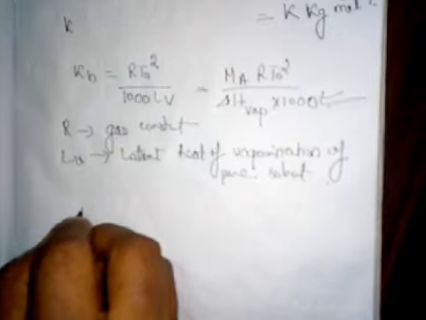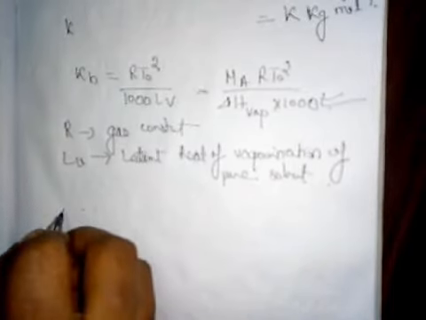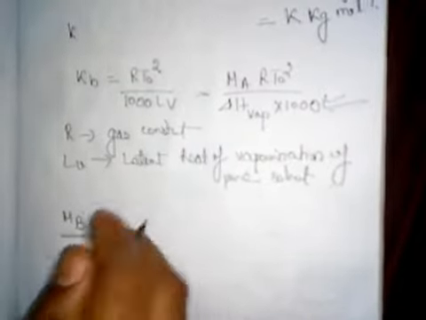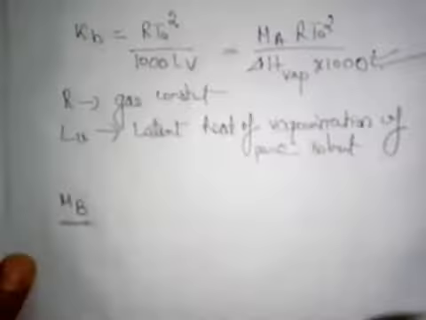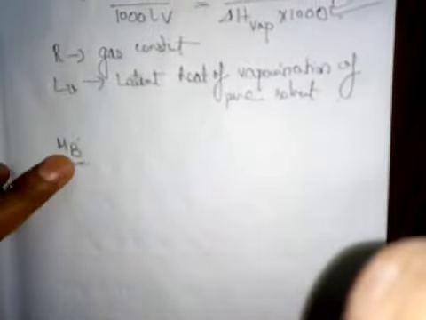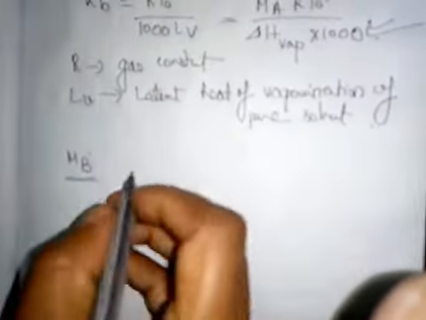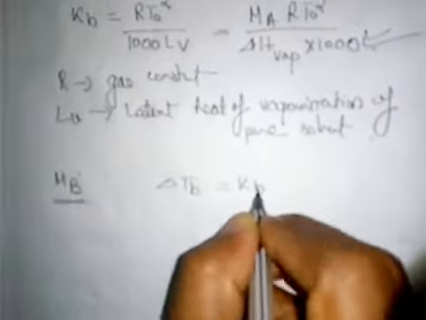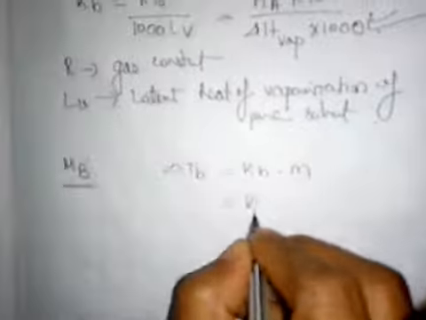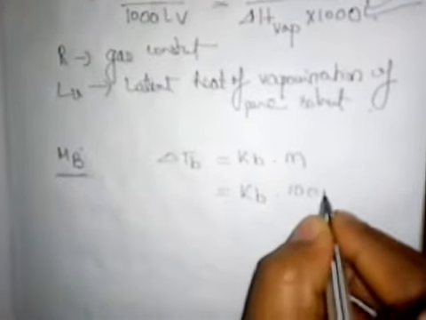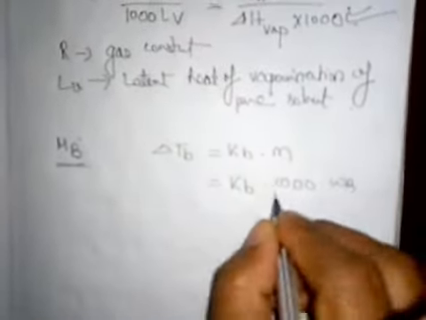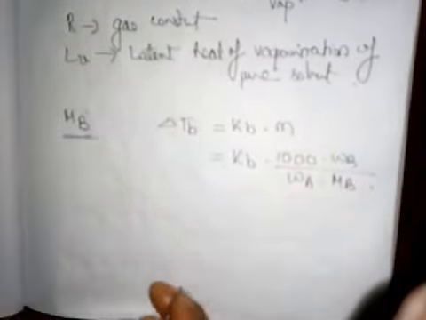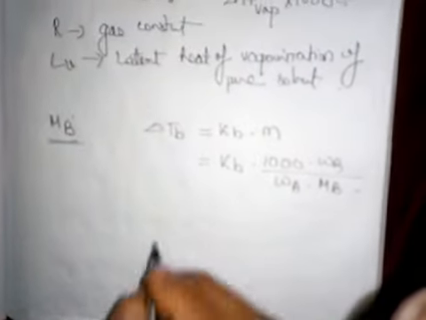Now we have to calculate the molecular mass of solute using colligative properties. Let the molecular mass of solute be Mb. So we know delta Tb is equal to Kb into m, or Kb into 1000 into Wb by Wa into Mb, the formula for molality.